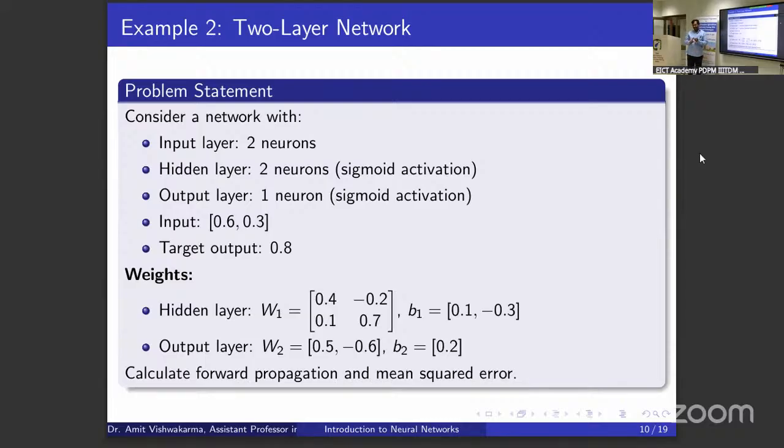Remember the formula? Z equals Wx plus B. For the first one, Z1, we will compute x W1 plus B1. Just try.